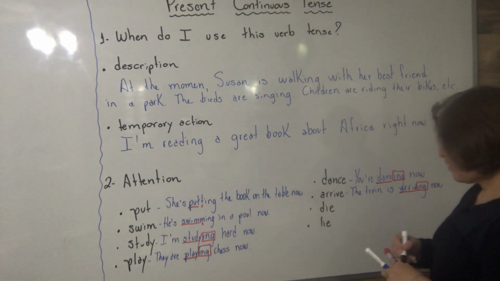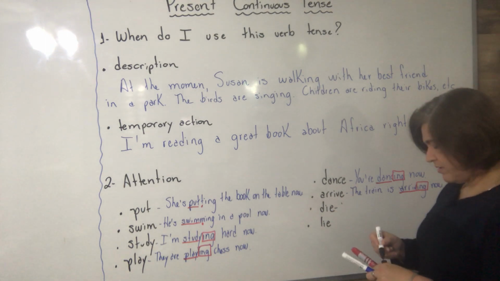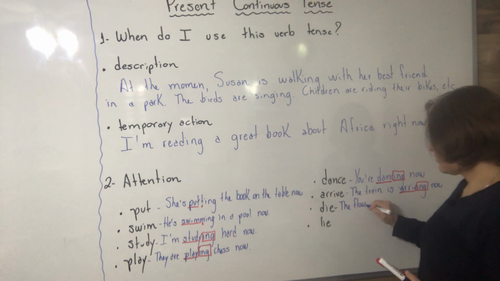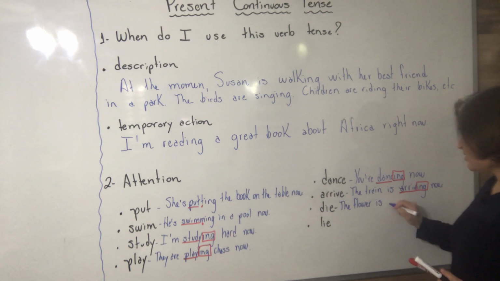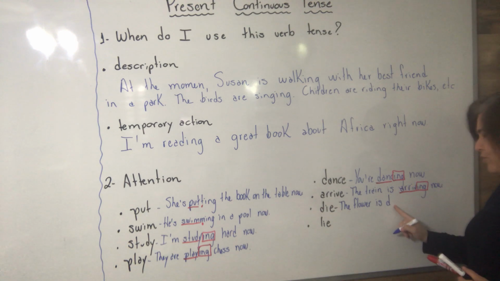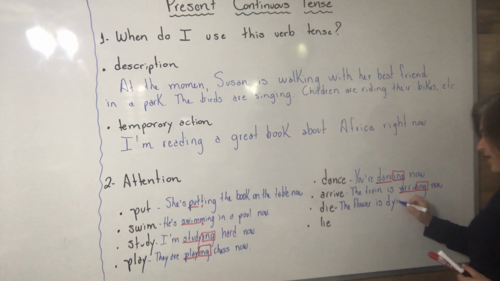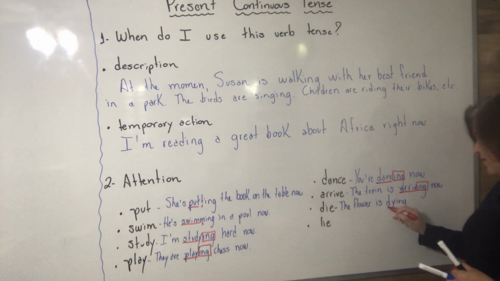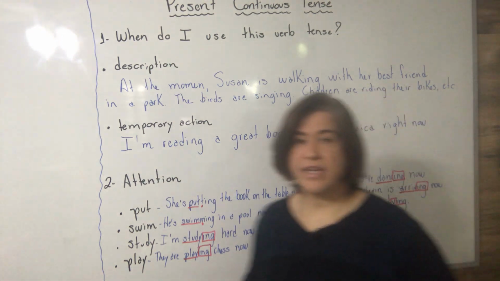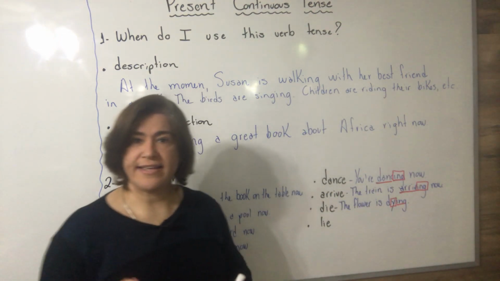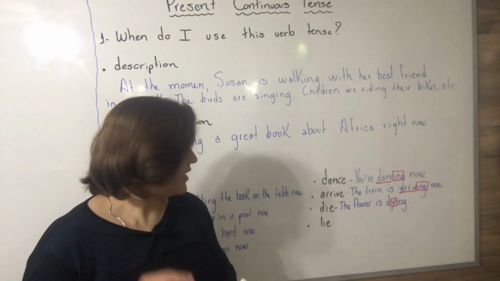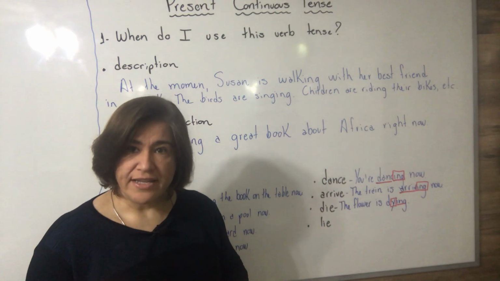Okay. "The flower is dying." Look, I remove, put letter Y. The flower is dying. Okay? So I put the letter Y and ing. Okay? So I remove the IE, substitute by letter Y and ing.